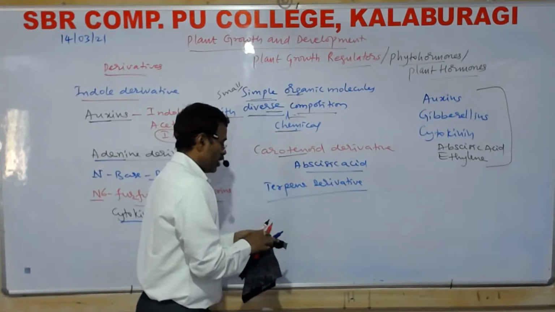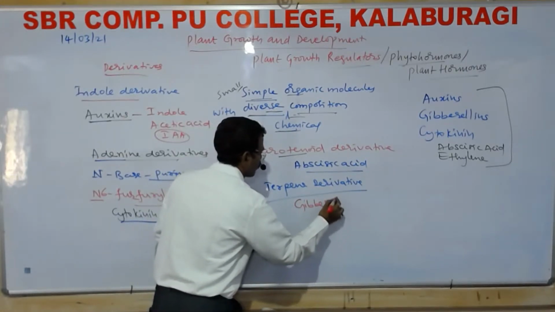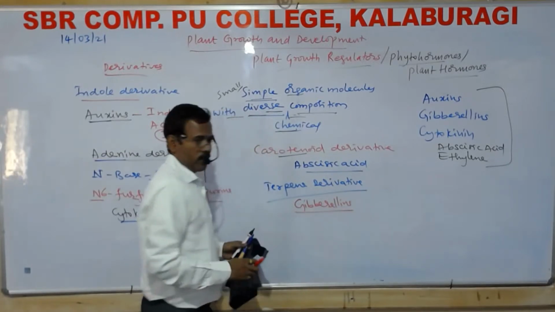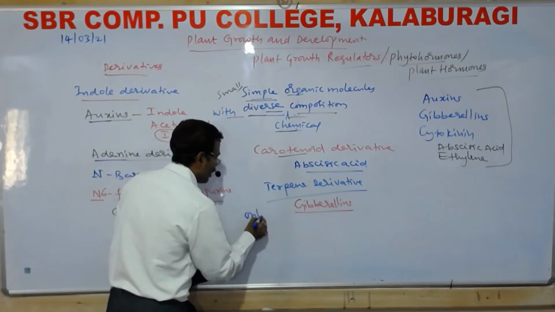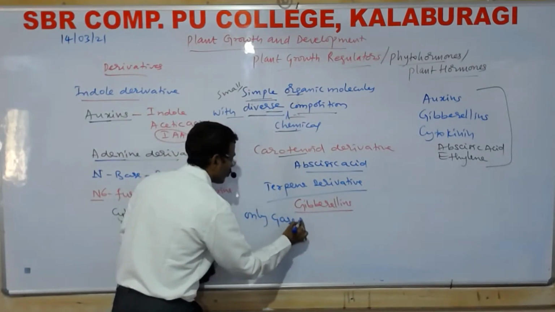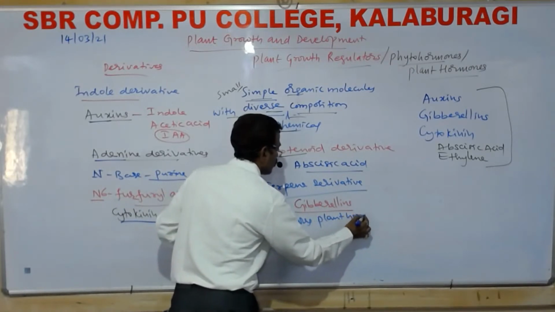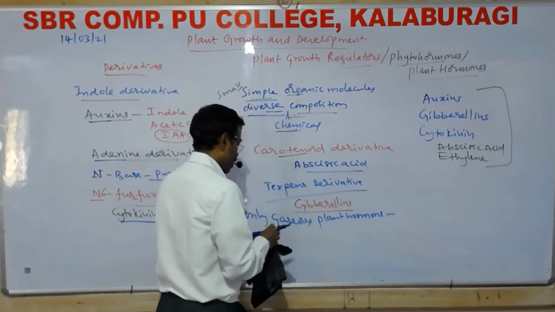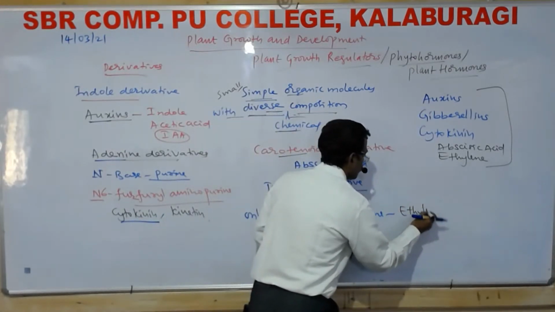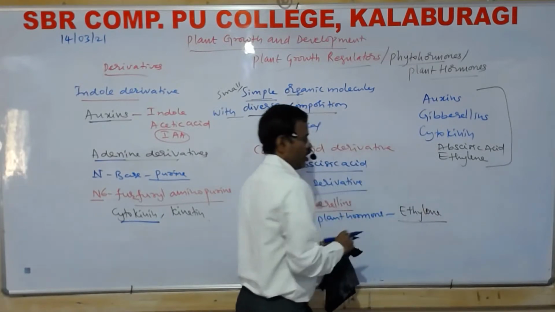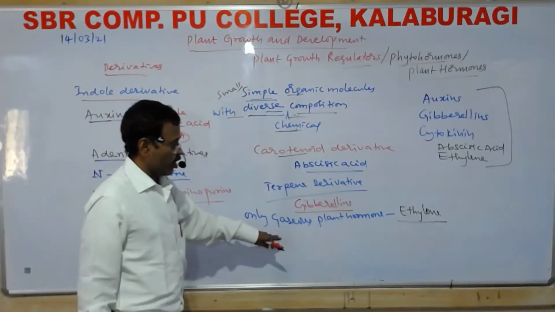Terpene derivatives we have mainly gibberellins. The only gaseous plant hormone is ethylene. Ethylene is the only gaseous plant hormone.